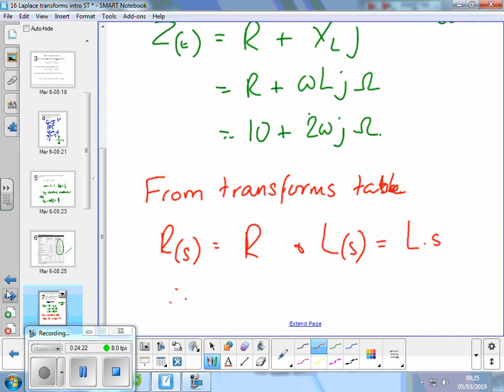It's S, a new domain. It's called the frequency domain, but we don't have to worry too much. It just stays as S all the time. You're going to have to live with me for a minute, and when we start the proper examples next week, you'll see how it all works.